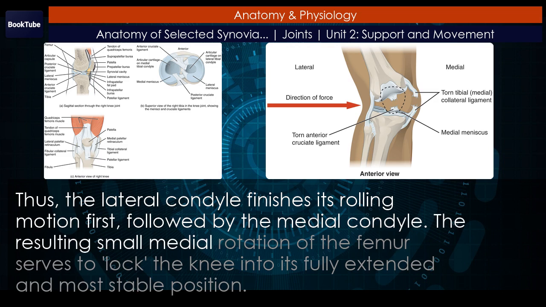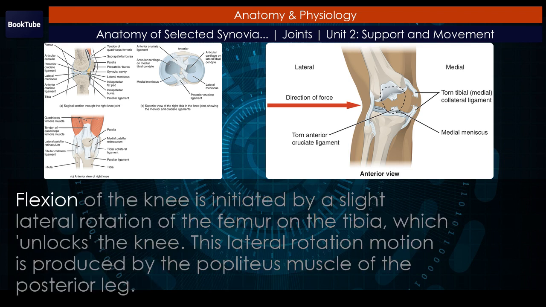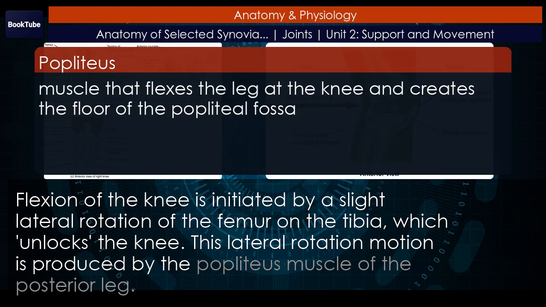The resulting small medial rotation of the femur serves to lock the knee into its fully extended and most stable position. Flexion of the knee is initiated by a slight lateral rotation of the femur on the tibia, which unlocks the knee. This lateral rotation motion is produced by the popliteus muscle of the posterior leg.